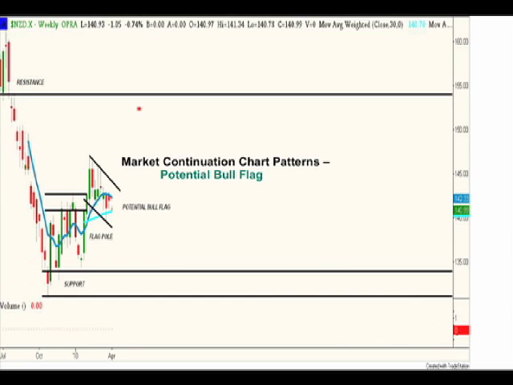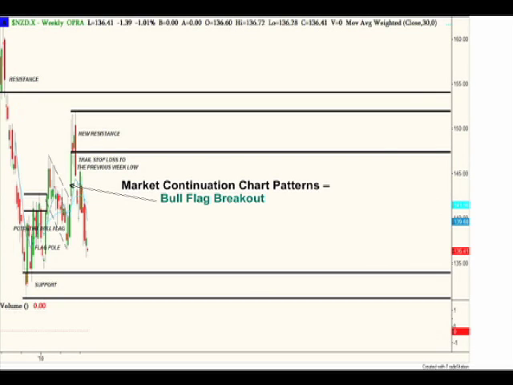Of course, for a bull flag to succeed, the market would have to break out to the upside, and if it breaks out to the upside, you would once again look for some area of resistance above current price to project for a target. And always trail your stop loss below the low of the flag once the breakout happens.